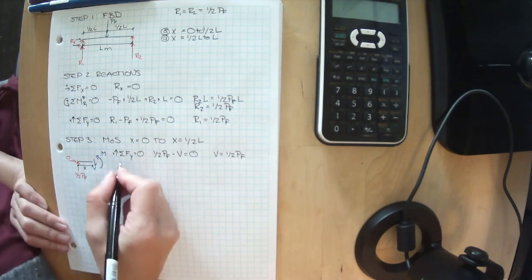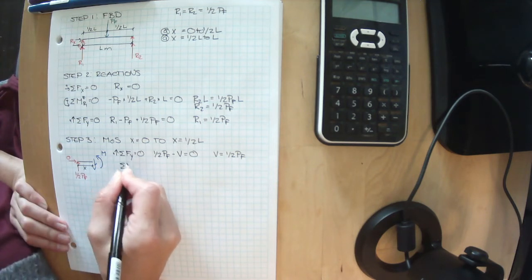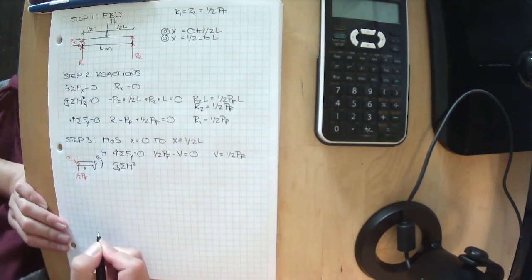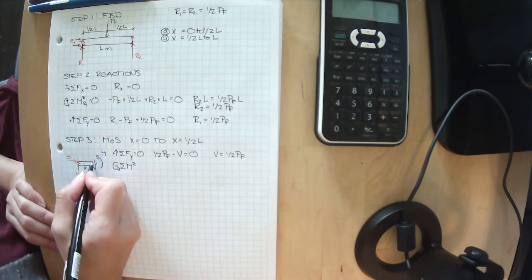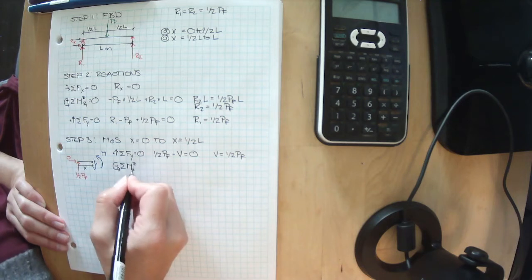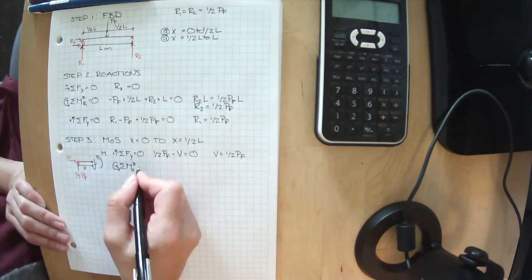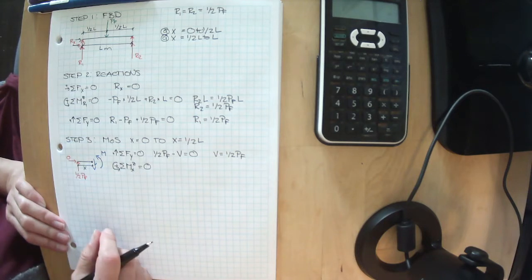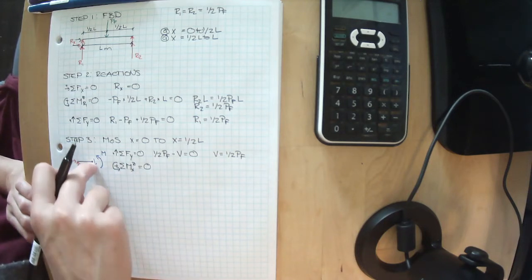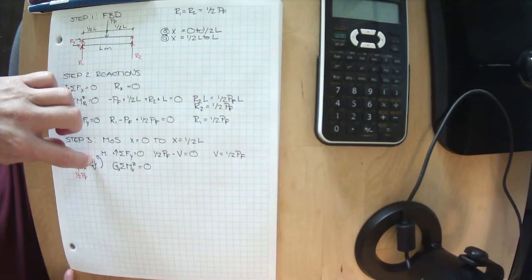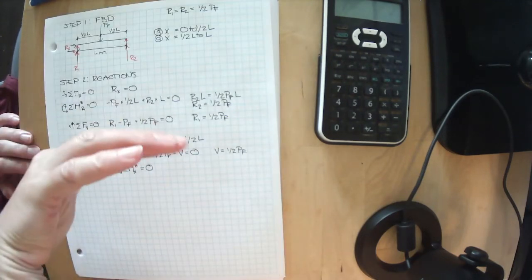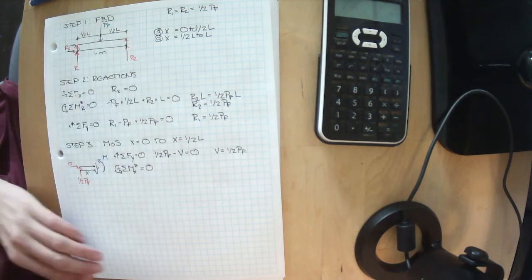Matches our last problem. Let's sum the moments about the z-axis where everything spinning in that direction is positive, and I'm going to spin it about the point where I'm making my cut, or at X. And I want to know what it takes for this to be in equilibrium. Okay, I've got a thumbtack right here. My 1/2 PF is trying to spin it in that direction, which is negative.